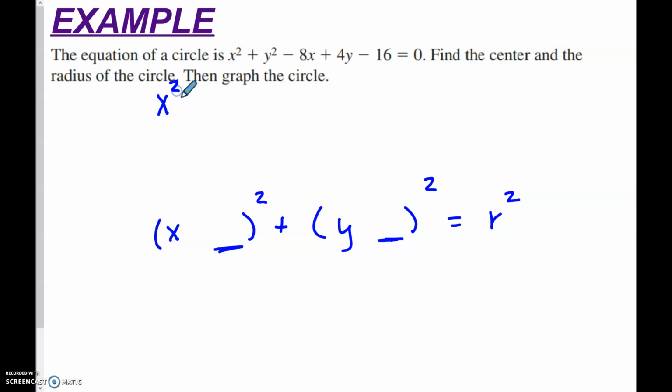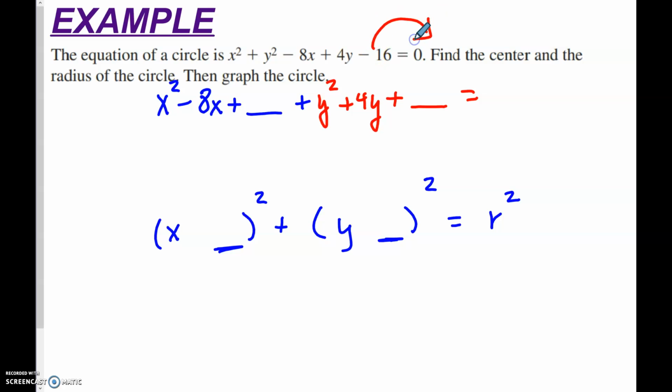So I'm going to start putting my stuff together. So I have x squared minus 8x, and I know I'm going to have to complete the square, so I'm going to leave myself a blank. Then I'm going to do the same thing with my y's. So plus y squared, then I've got plus 4y, and I'm going to leave myself a blank, equals, now I'm going to put this 16 on the other side.